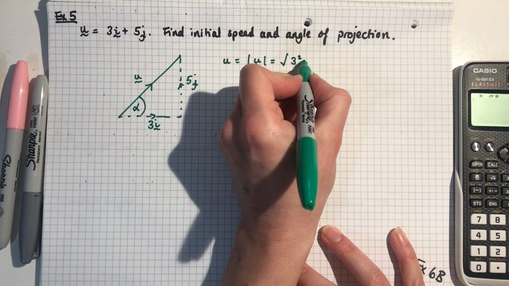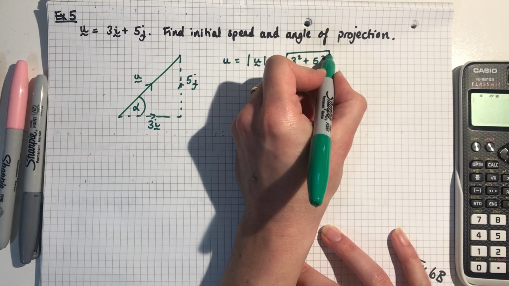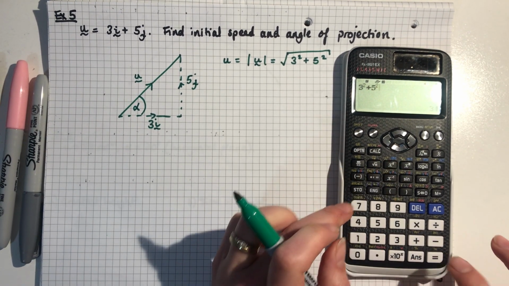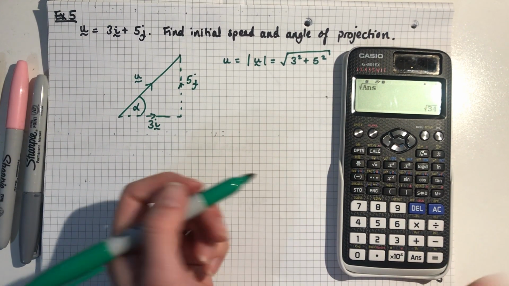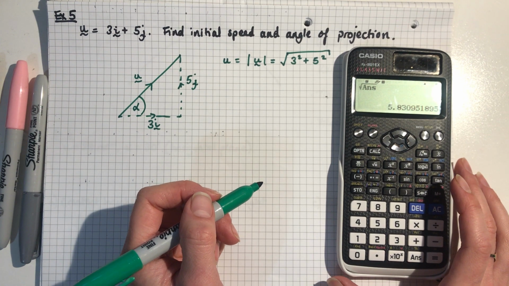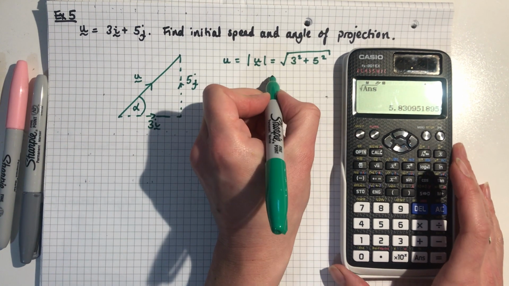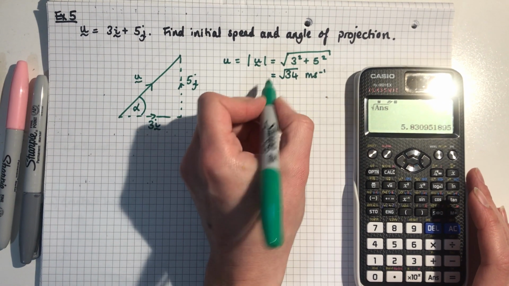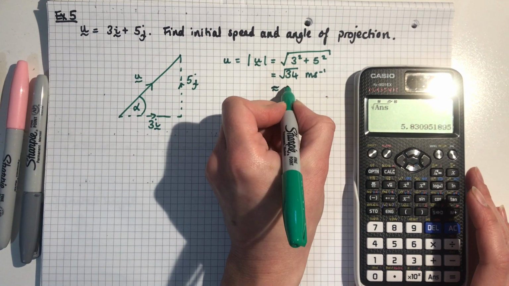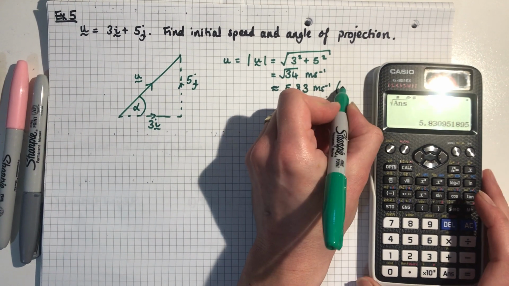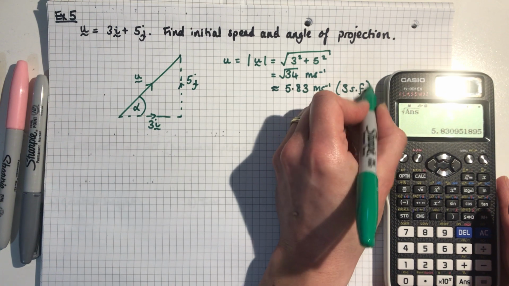So the square root of 3 squared plus 5 squared. 3 squared plus 5 squared is 34. Root 34 is the exact answer, or we could round it to 5.83. So let's stick with root 34 metres per second, or approximately 5.83 metres per second to 3 significant figures.